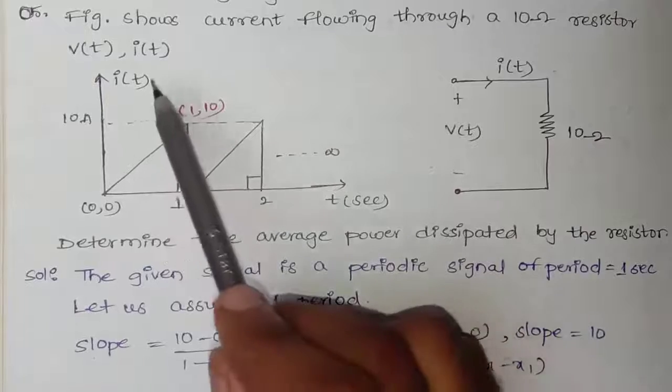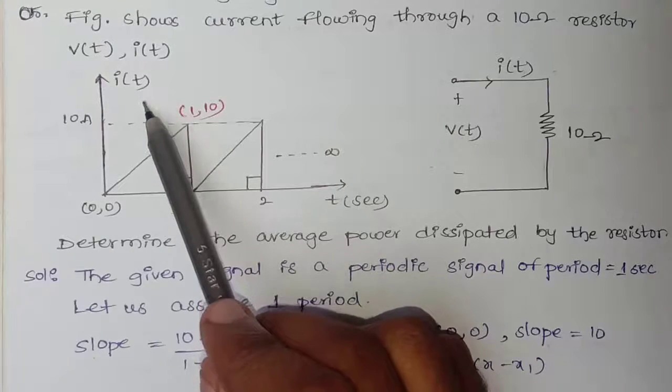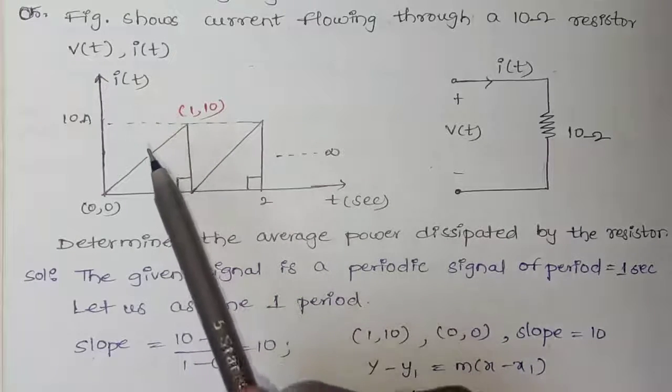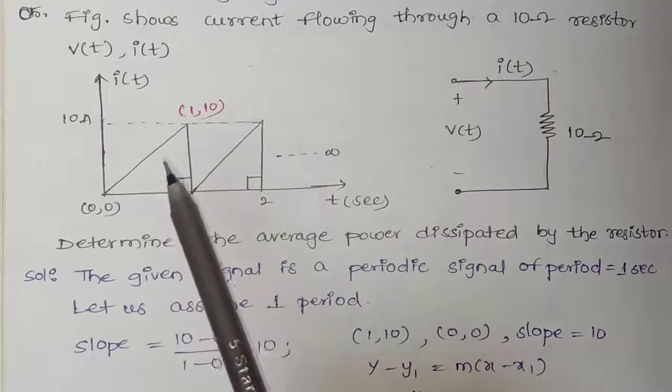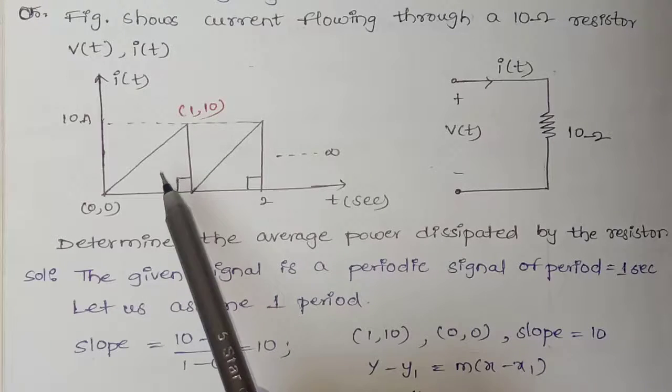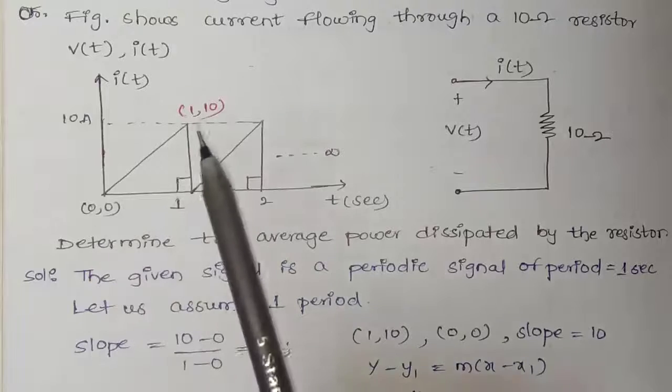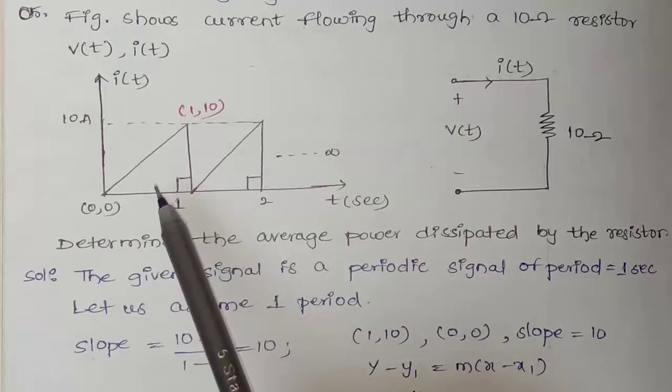To find this current equation, we have to use a straight line equation. To use the straight line equation, we require the slope and 2 points.